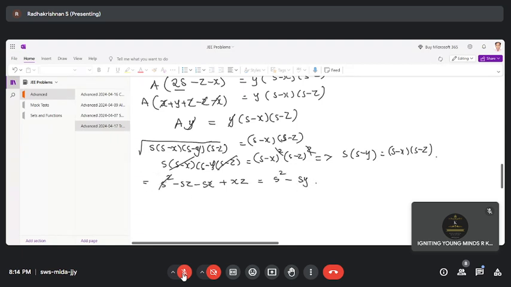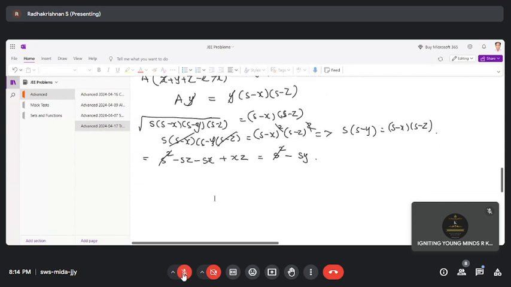So now again s square gets cancelled out. What remains is minus sx plus sy minus sz. I brought everything to the left hand side now. Minus sx plus sy.